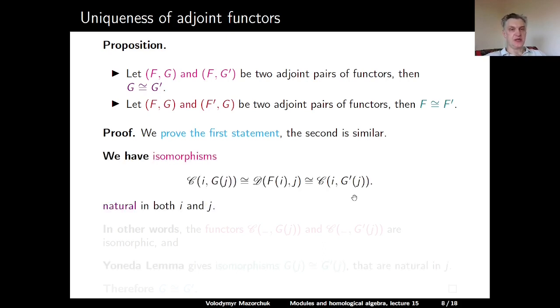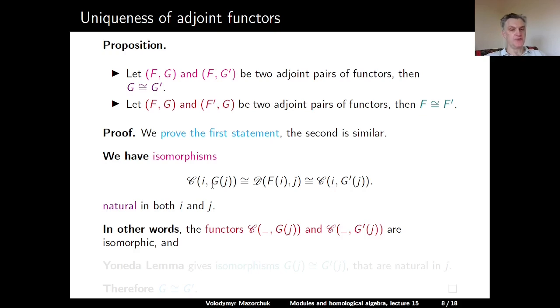So since (F, G) and (F, G') are two adjoint pairs of functors, then we have isomorphisms between C(I, G(J)), D(F(I), J), and C(I, G'(J)). And this isomorphism is natural both in I and J. If we look at the first and the third expression, we have an isomorphism here which is natural in I. It means that the functors C(-, G(J)) and C(-, G'(J)) are isomorphic.